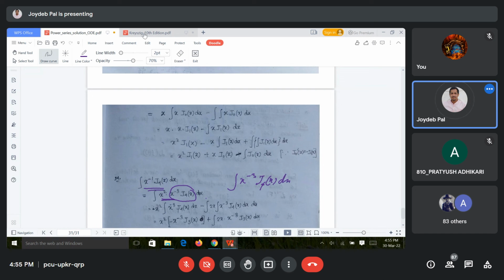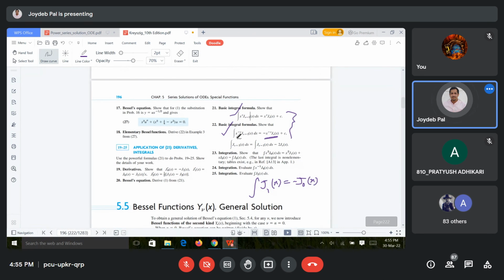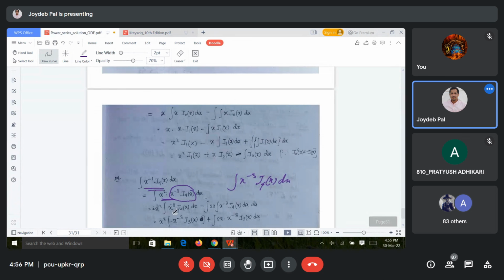See, in the second formula, if you put nu equal to 3, it will be x to the power minus 3 J4 x, right? So the integration of x to the power minus 3 J4 x will be minus x to the power minus 3 J3 x.